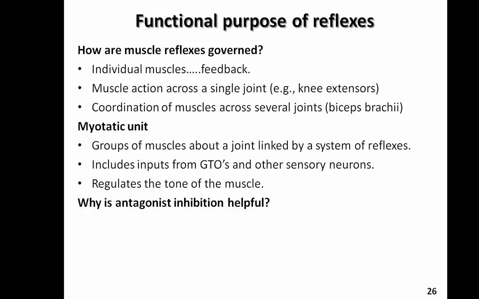So if the example is elbow flexion, the biceps brachii is a prime mover of elbow flexion. The triceps muscle, which is the antagonistic muscle, will be inhibited. And the whole point of that reciprocal inhibition, or that antagonistic inhibition, is to enhance the speed of elbow flexion.